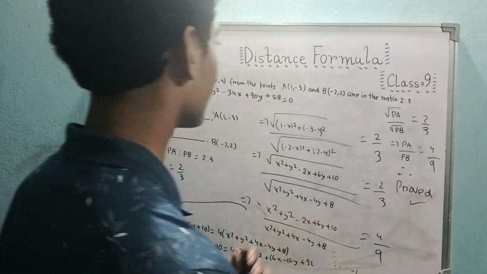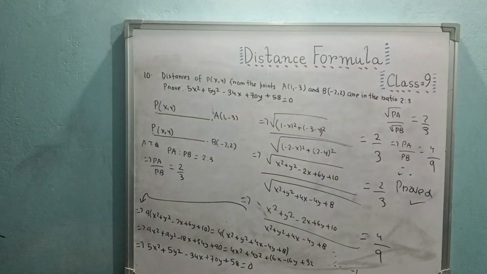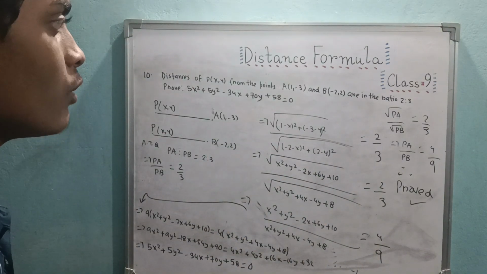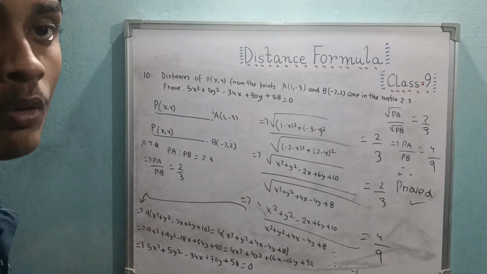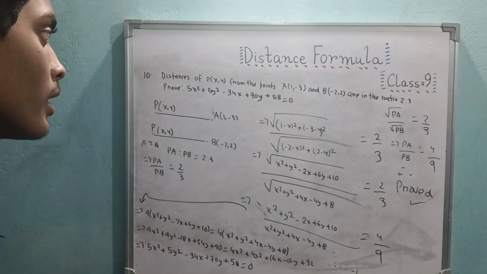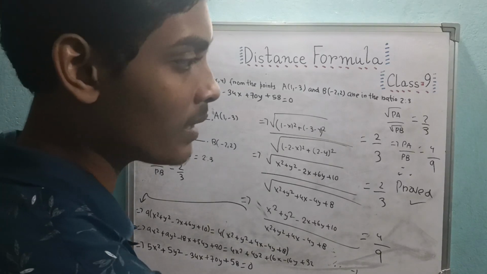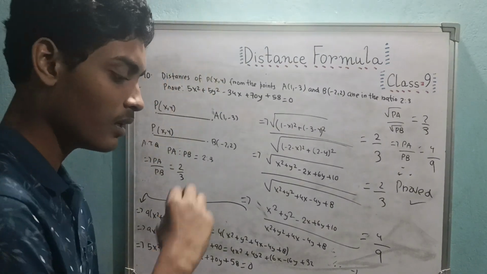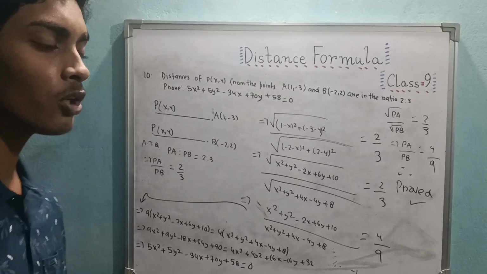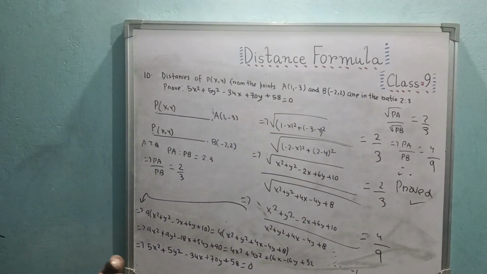That is all about the distance formula. It's a formula where you have to know one thing: you can frame multiple relations from which you can find out the value of some unknown quantity or unknown coordinate. Also remember, for a point A, suppose x comma y, the x of the point is called the abscissa, present on the x-axis, and the ordinate, which is y, is present on the y-axis.